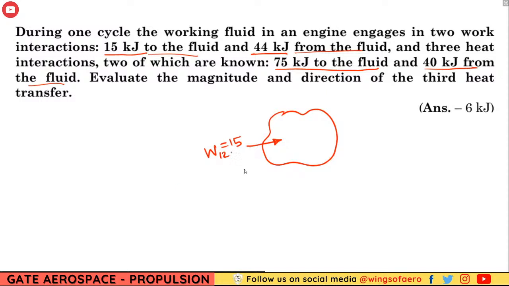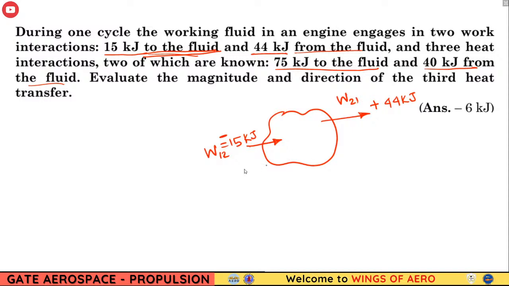Minus 15, because it is work done to the fluid. Remember the term to the fluid: that means entering into the fluid. So we have minus 15 kilojoule. Then we have from the fluid. That means it is leaving the particular fluid system. That is plus 44 kilojoule. Let's consider this as W21.